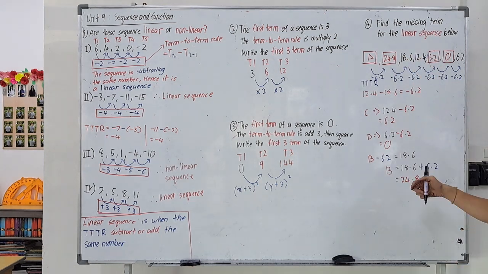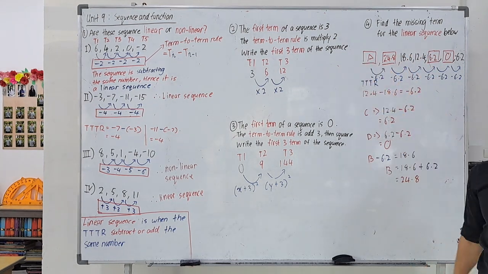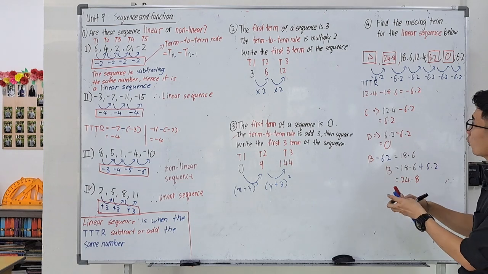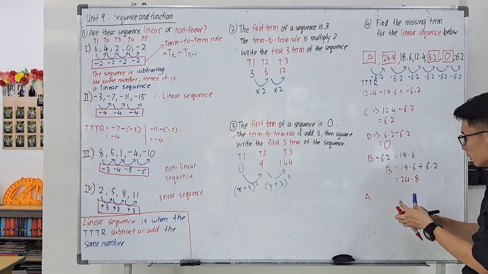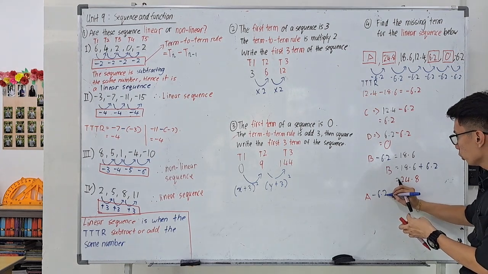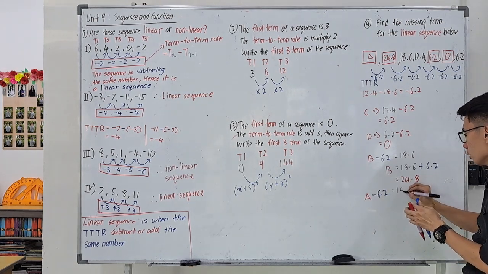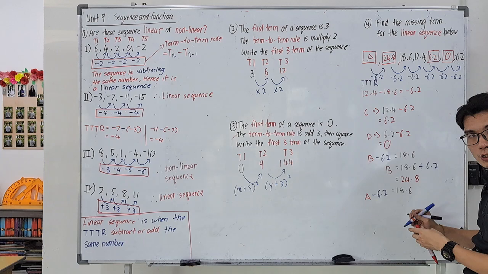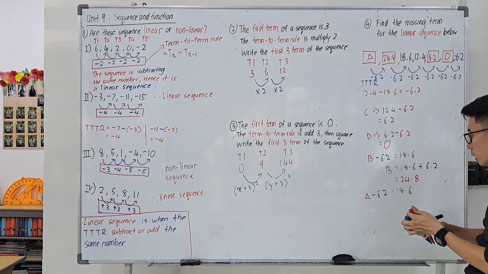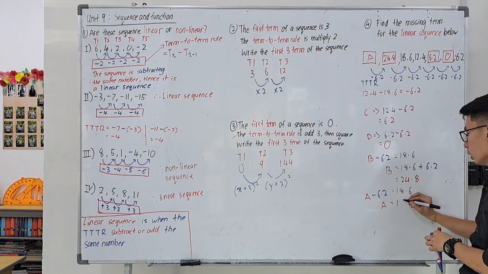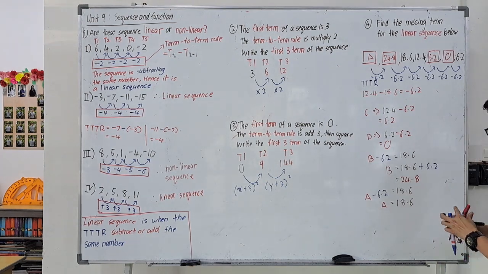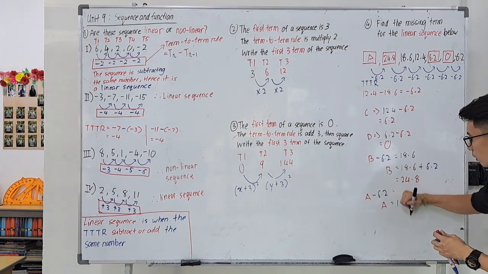Since I know what the number is now, I can find A. Same thing, A over here, it is minus 6.2, and that should give me 24.8. So I can just rearrange my equation very quickly. That's going to be A equals to 24.8, sorry, not 18.6, my bad.